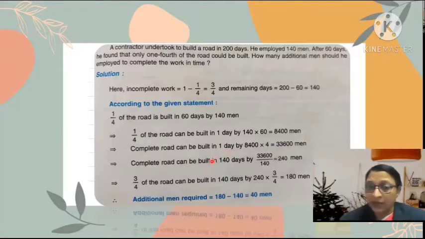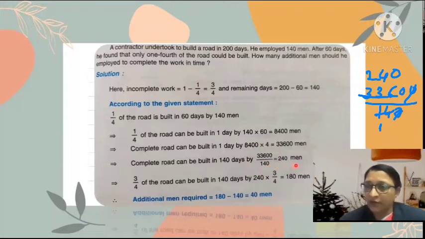From this, we can find the men required for 140 days' work. So the complete road can be built in 140 days by 33,600 upon 140 men. On doing the calculation, we get here 240 men.